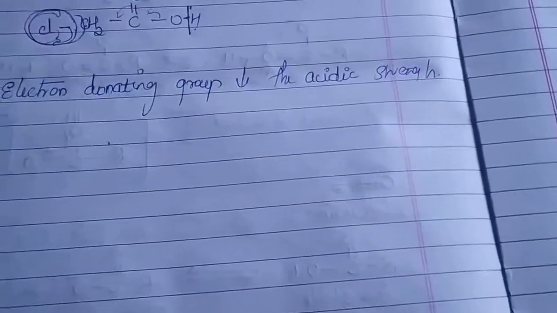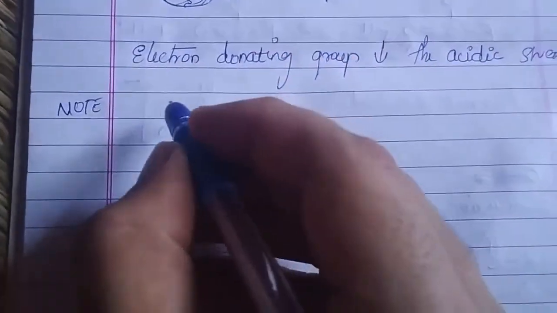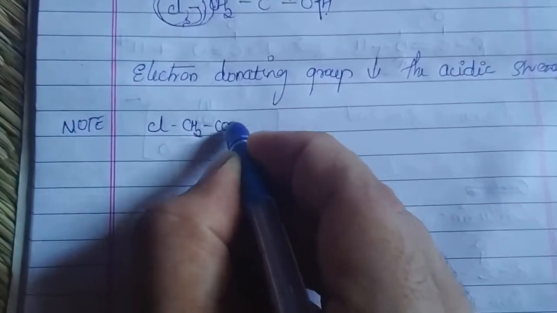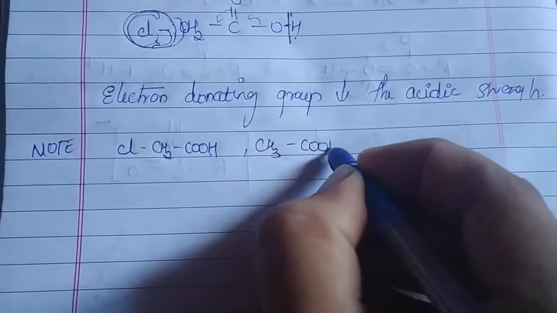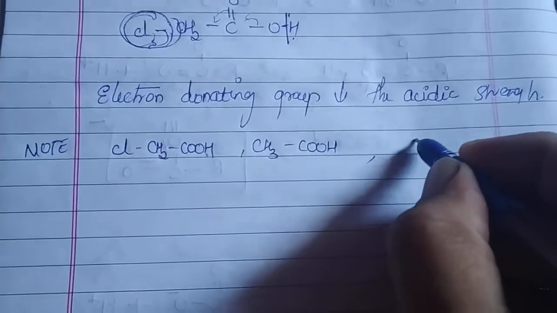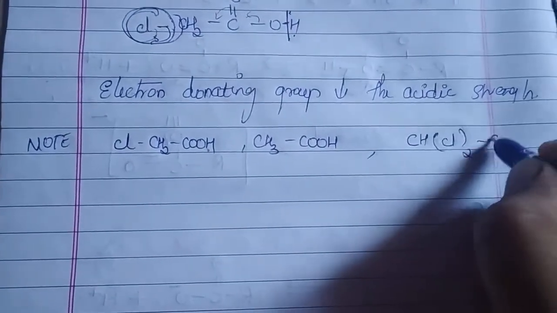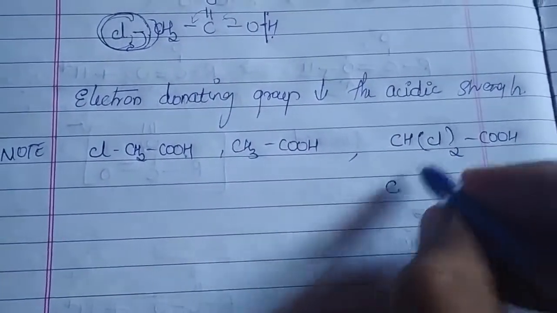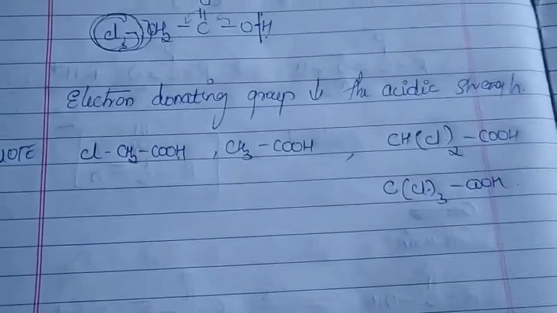Of course, I came to know that if you have electron withdrawing groups, it increases the acidic strength. So now if I give you a question: ClCH2COOH, CH3COOH, Cl2CHCOOH, and Cl3CCOOH.